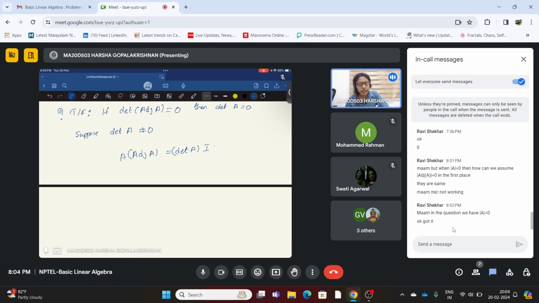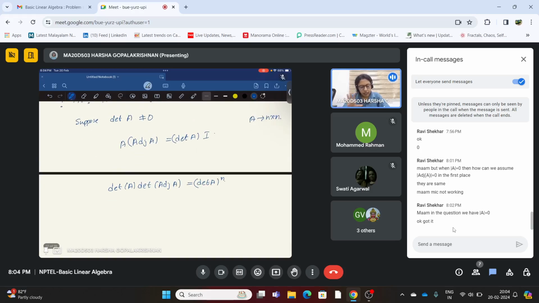Let us take the determinant on both sides. What we will get is determinant of A into determinant of adjoint of A equals determinant of A power n, supposing A is an n by n matrix. So A into adjoint of A is determinant of A into I, and I am taking the determinant on both sides.